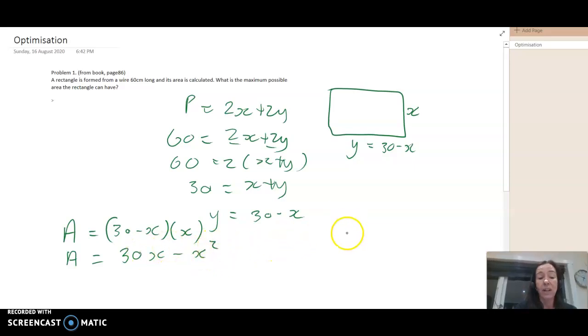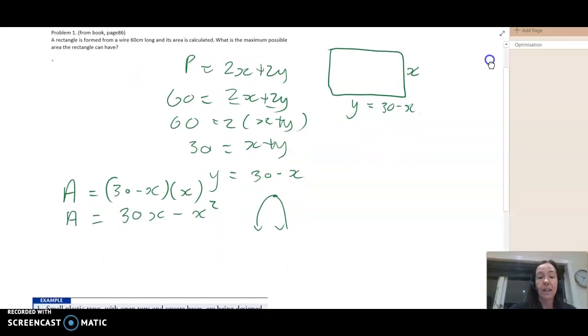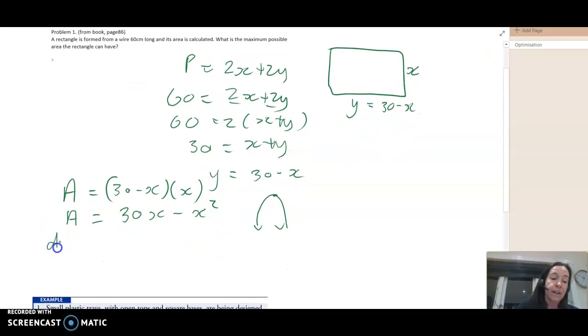Straight away we can tell it's a parabola and it's going to be looking like that. So I'm looking for the maximum possible area. So what do I need to do to find that? Well, I need to find the derivative. The change in A with respect to the side x would be 30 minus 2x.